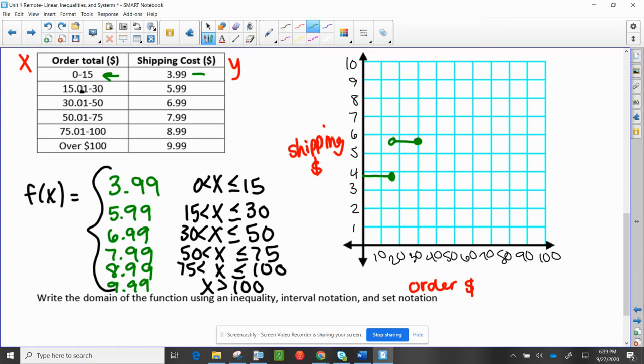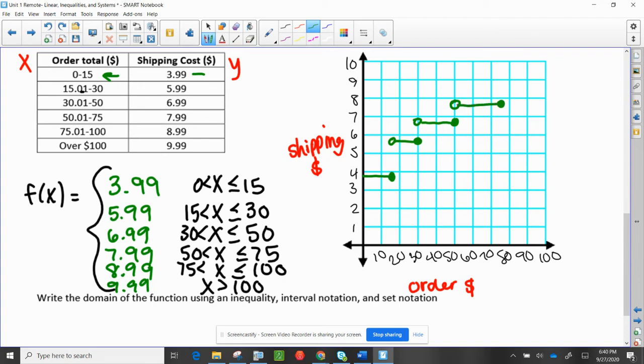$6.99 is between 30 and 50, so $6.99, so we'll do an open circle, more than 30 to 50, equal to 50, so closed circle. Next step is $7.99, and that's between 50 and 75. Let's see, 75 would be somewhere between 70 and 80, halfway.